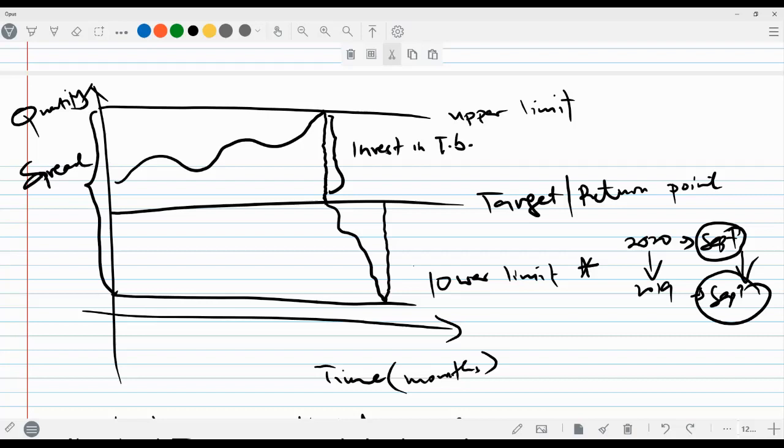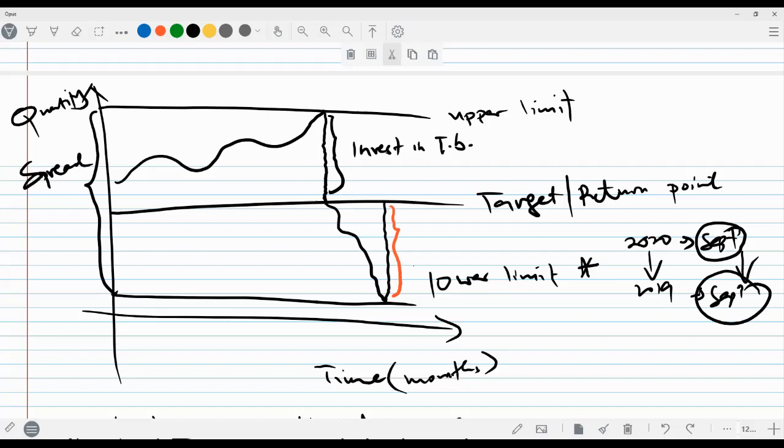The target is to have the cash balance at the target point, but now it's at the upper limit, so reduce it. In this other part, you need to increase the cash balance because you don't want to run into the risk of being illiquid or insolvent, because you have very low cash balances.